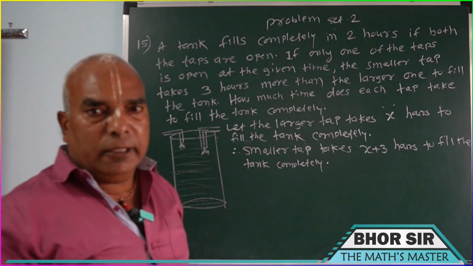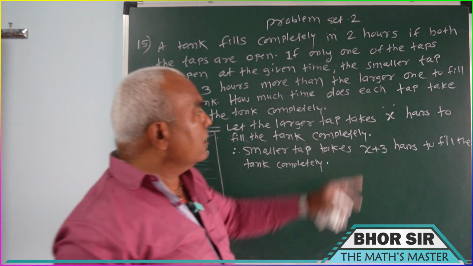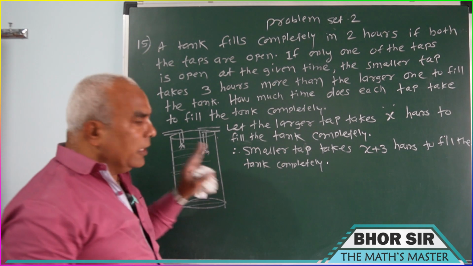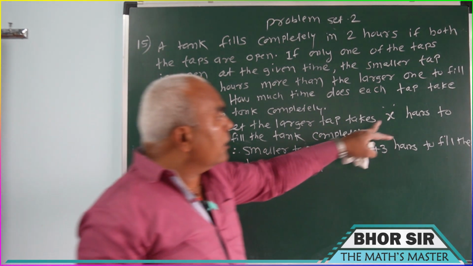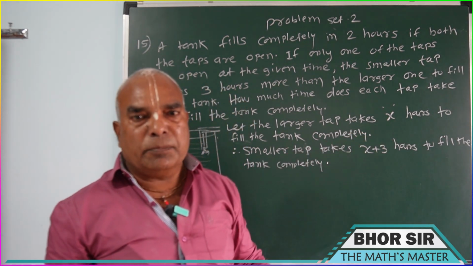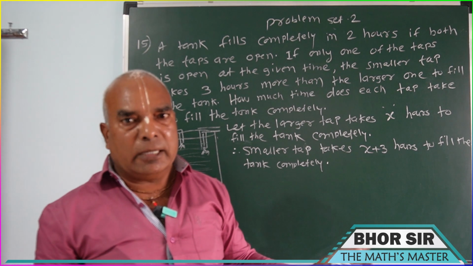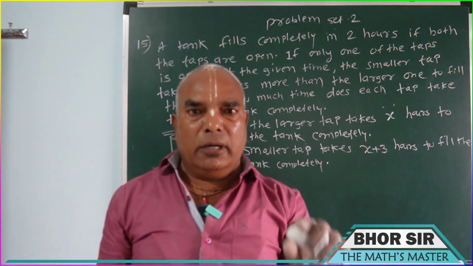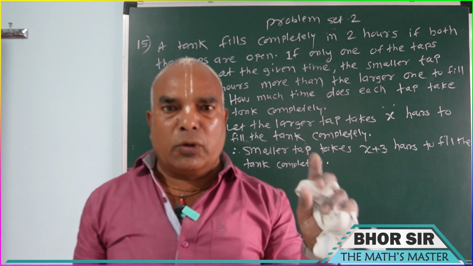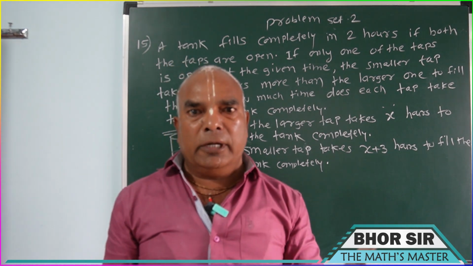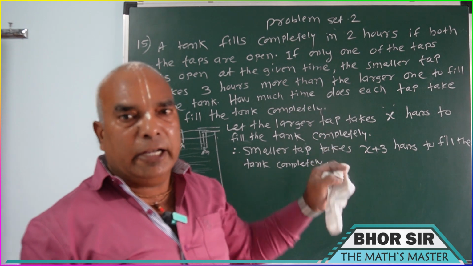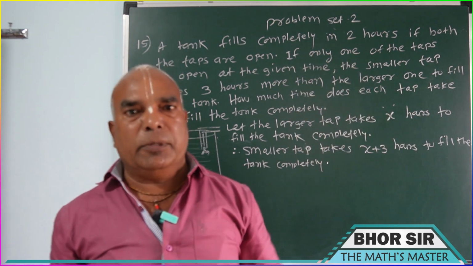The larger tap takes x hours to fill the tank completely, which means it makes X parts. X parts means 5 parts, 6 parts, 7 parts, 8 parts. Remember this is very important: however many hours are required to fill the tank completely, that many parts are made of the tank, and in 1 hour one part is filled.